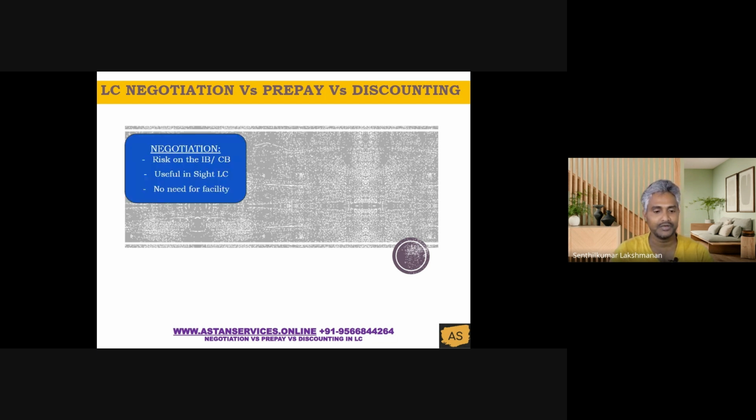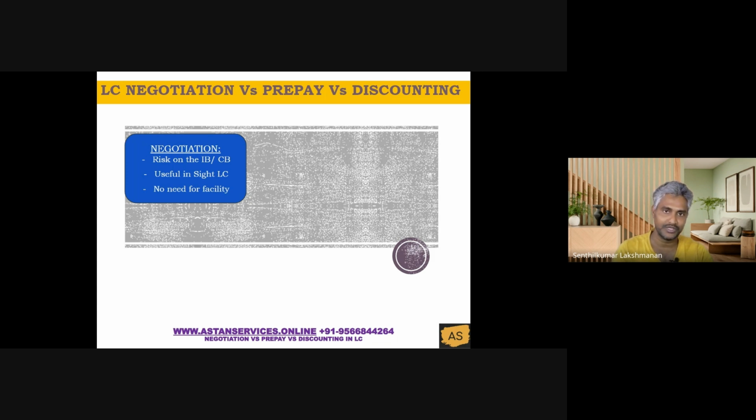Now let me cover the first one, negotiation. There is a definition in UCP 600 which says that you advance or agree to advance on a draft which is not drawn on the nominated bank and or documents.